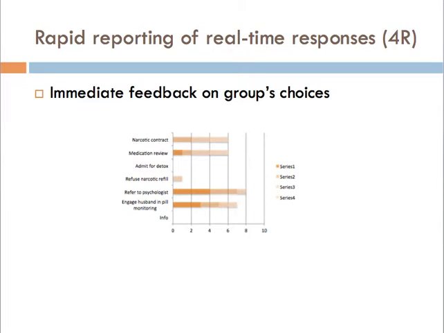We want the players to choose them in the order of what they thought to be most important, i.e. their first choice is the one they really would do first or consider most important. So in this particular case, 4 players made refer to psychologist their first choice, whereas 3 made engage husband their first choice, and only 1 made medication review their first choice, and it goes on like that.